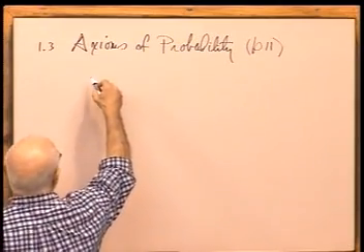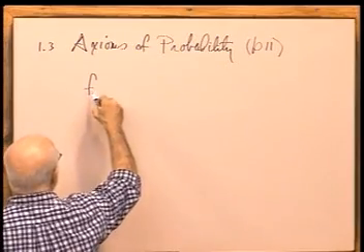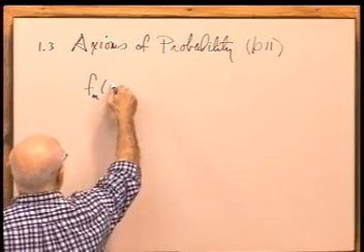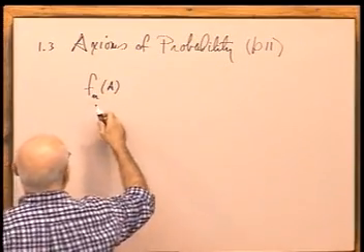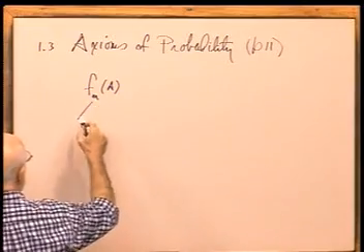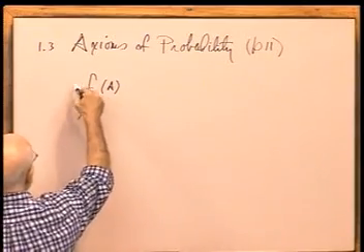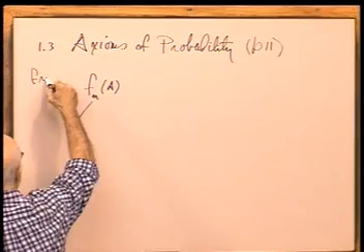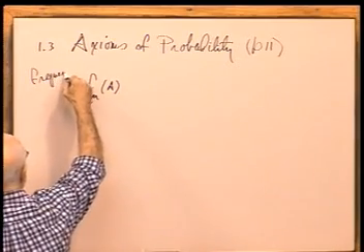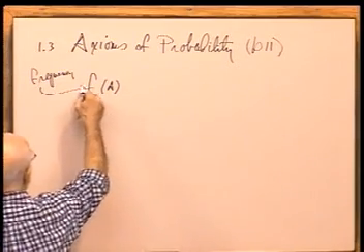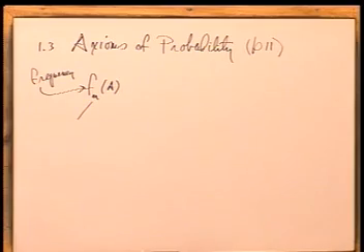Okay, so to begin with, we'll talk about frequency, and I'll make this definition. Here's a frequency with which an event occurs. So I'm going to call it f sub n of A. So f is frequency, or fraction of times that something happens.